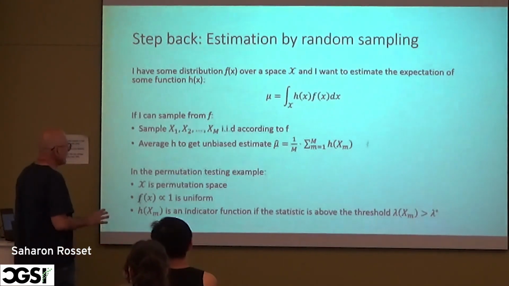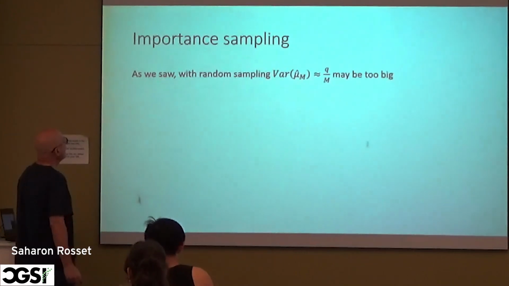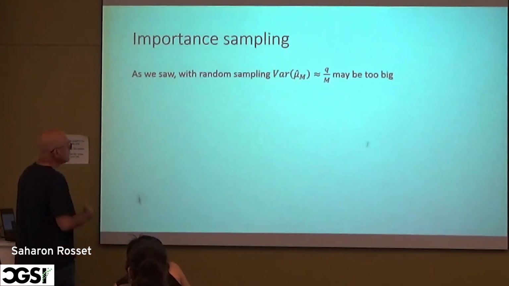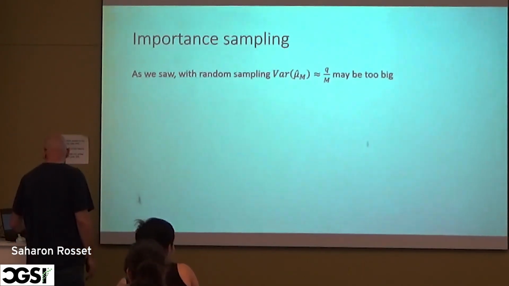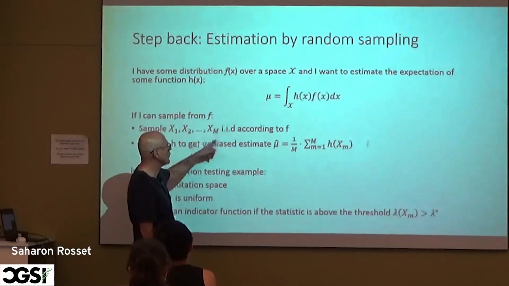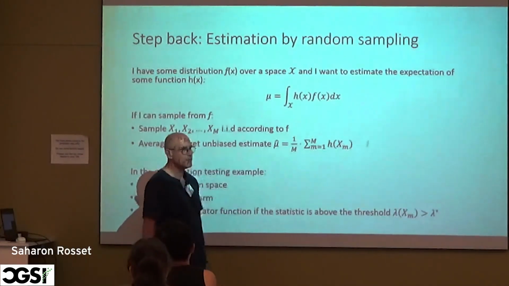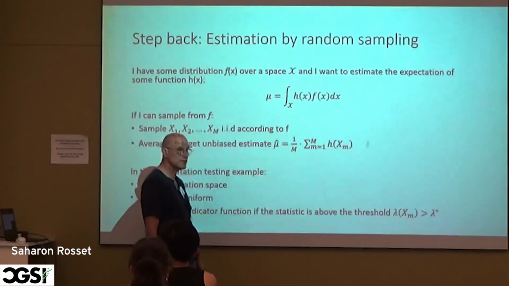Okay, so now we can think about our problem. The problem is that if my sample big M is not very big, depending on the setting of the problem, then the variance of my estimate based on sampling might be too big for me.